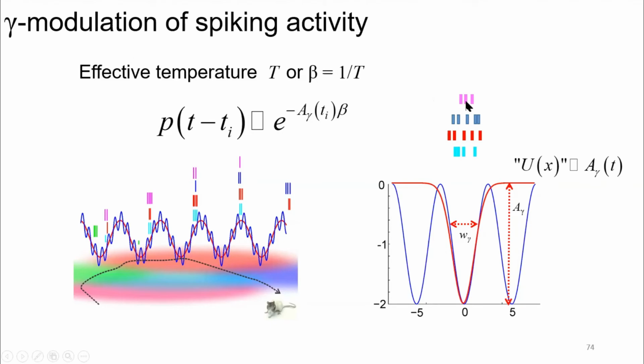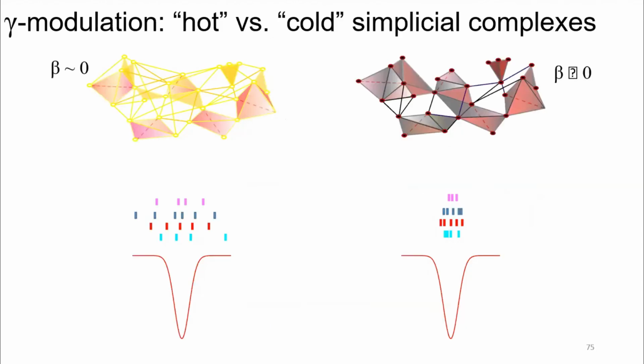That effective temperature describes how tightly those spikes are sitting around a given gamma period. Now we can introduce this gamma modulation and talk about hot or cold simplicial complexes, depending on how big or small this beta is.